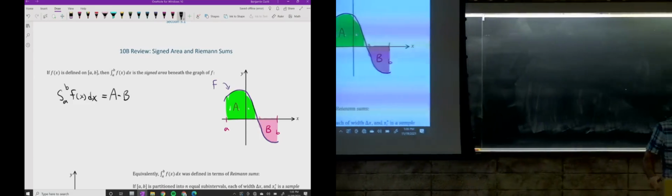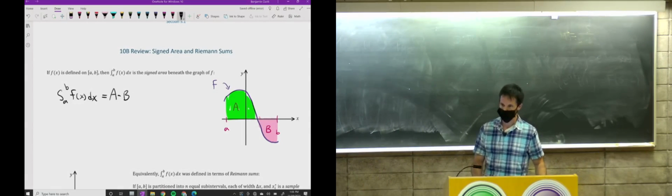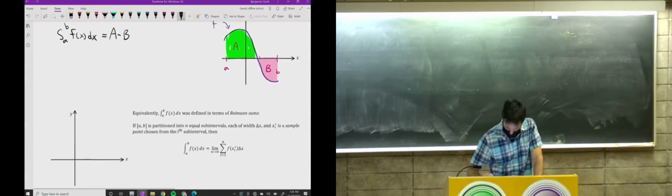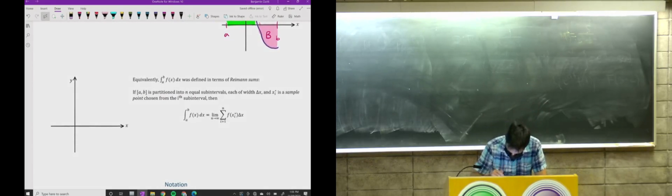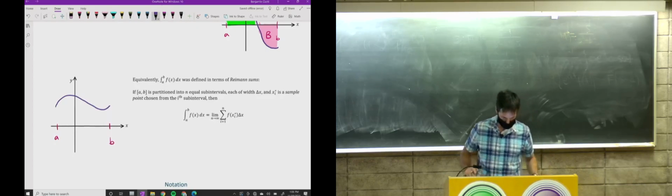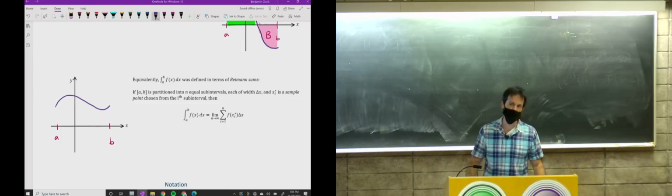Shortly thereafter, you learned a second equivalent definition of a definite integral in terms of Riemann sums. So here's the equivalent way to define the definite integral. Let me again suppose that we're looking at some function f defined on some interval a to b. You can split the interval a to b up into subintervals.